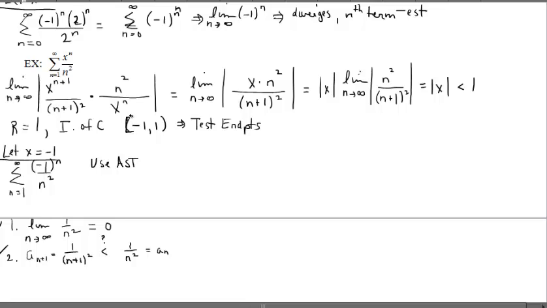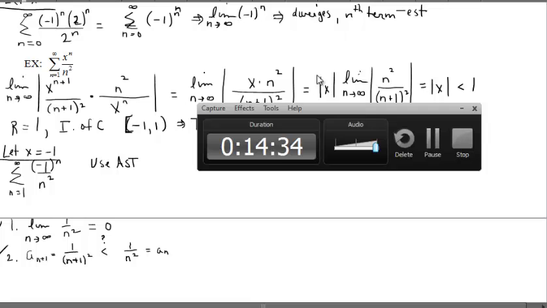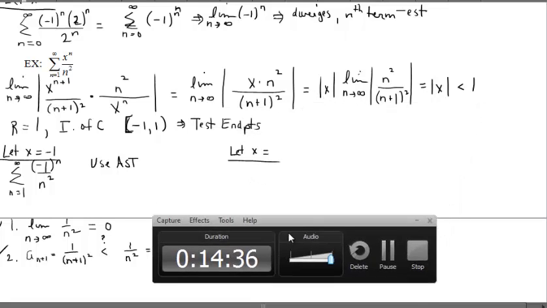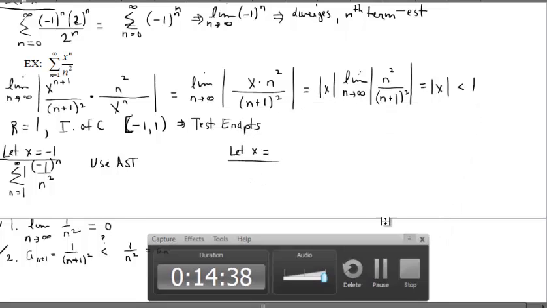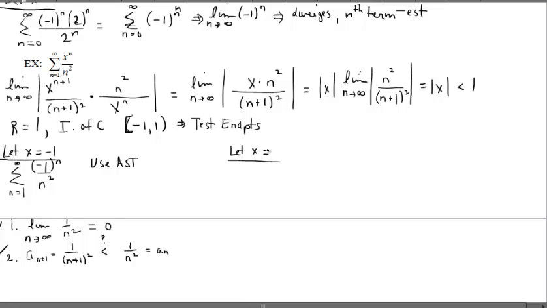So now let's test the positive one. Here we're going to have 1 over n squared.